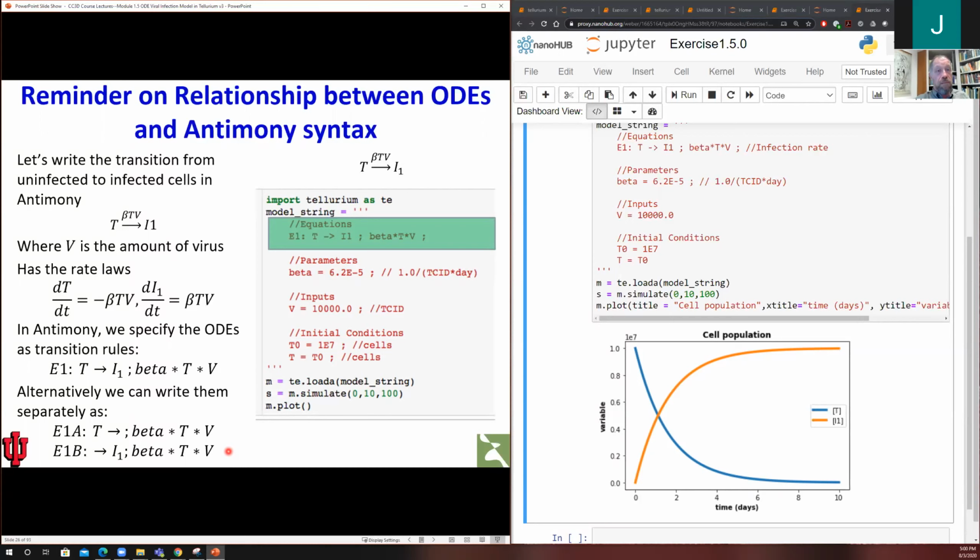There's a beautiful paper by Tyson on cell cycle where he gives all the chemical reactions in the form of ODEs. You cannot determine from his paper what the reactions were. It's not possible. So that's an example. In any case, you can always write ODEs if that's what you want.